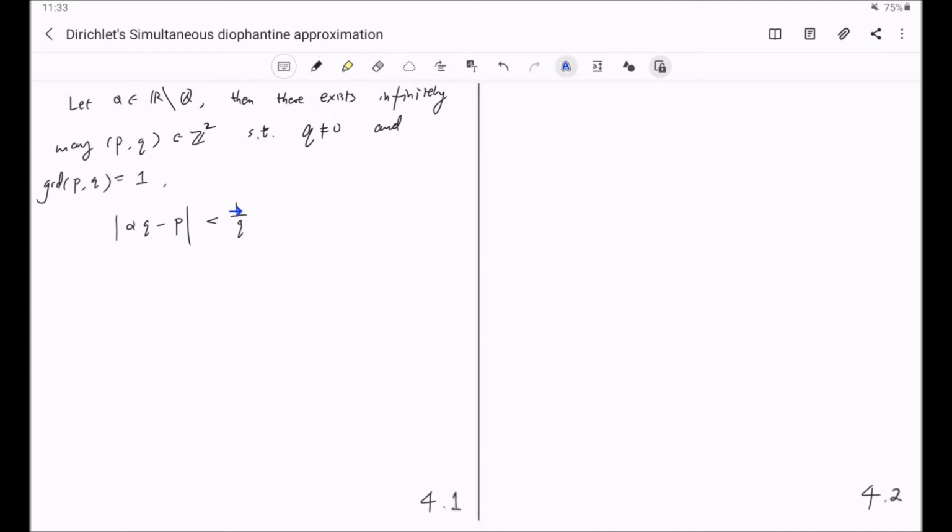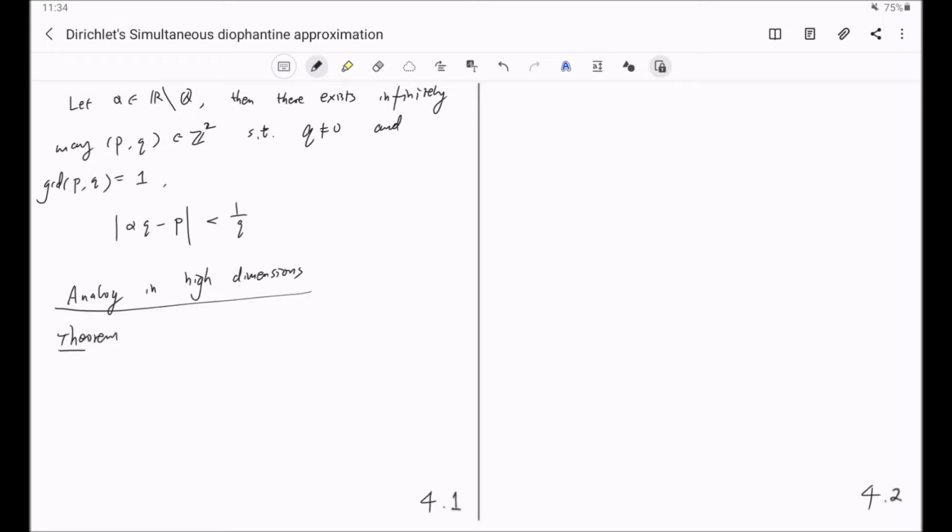This is the asymptotic version of Dirichlet's Diophantine approximation in the dimension 1 case. Namely, p, q are both integers rather than integer vectors. And now we are going to state its analog in high dimensions.